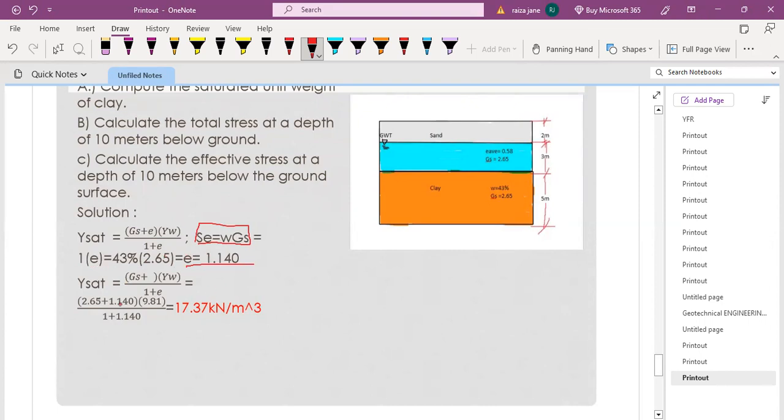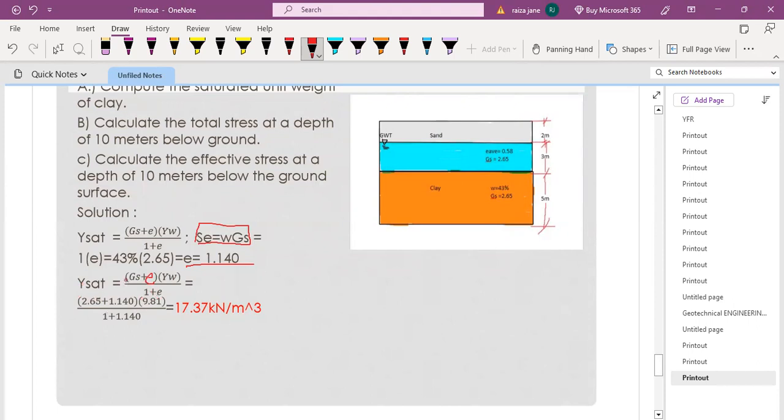Unit weight of saturation, rather, will be Gs plus E multiplied by unit weight of water over 1 plus E.